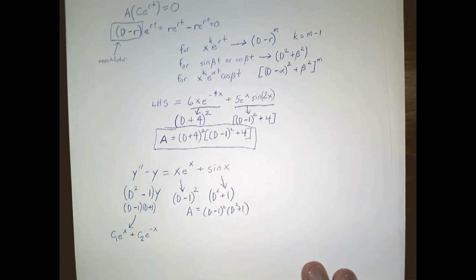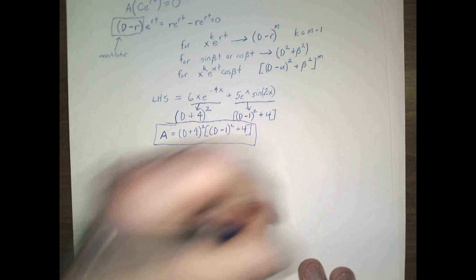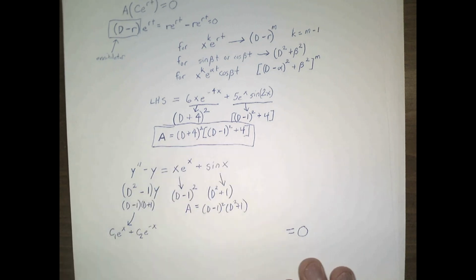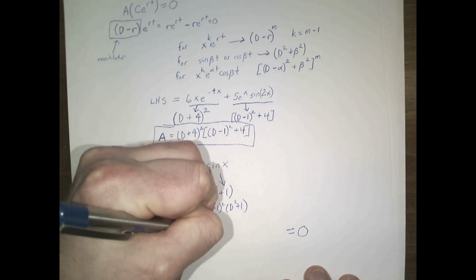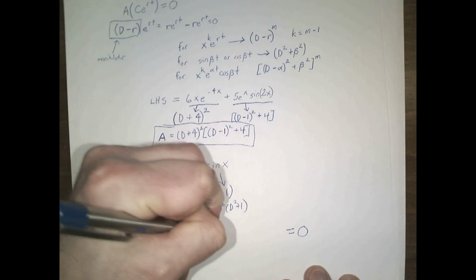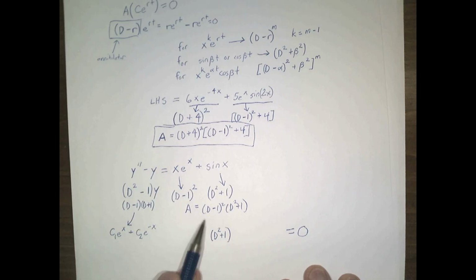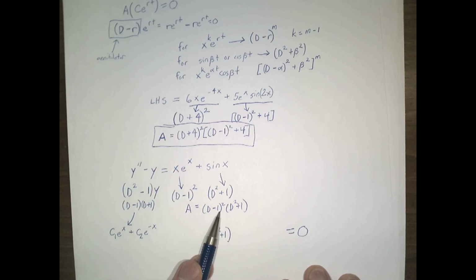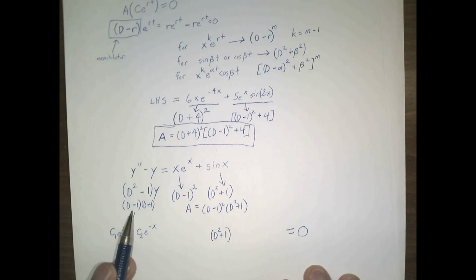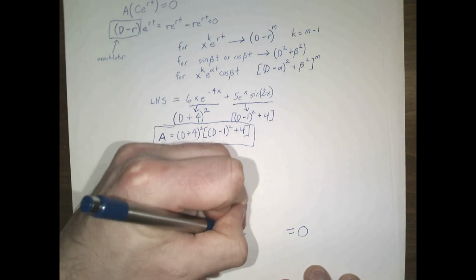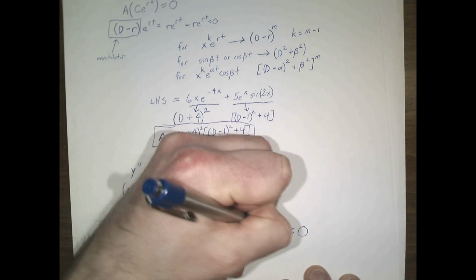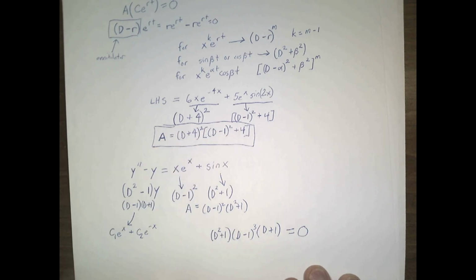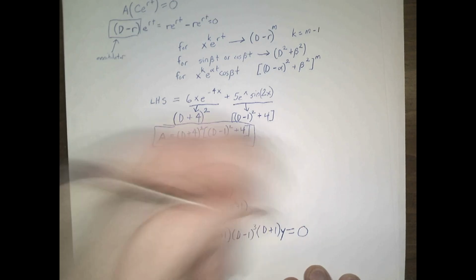So let's apply that operator to both sides. We'll just cut to the chase and say the right-hand side is 0. We apply A onto the left-hand side. We get D squared plus 1. The D minus 1 squared mixes with the D minus 1 that's already there, and we get D minus 1 cubed times D plus 1 times y.